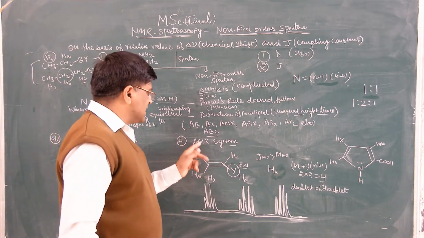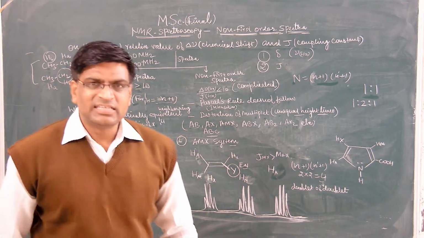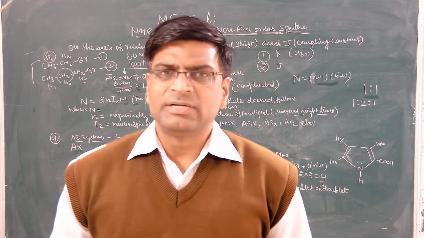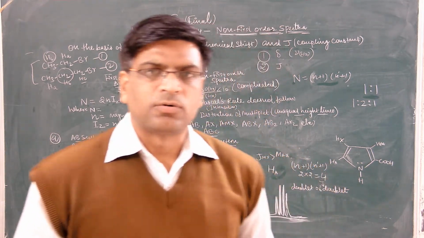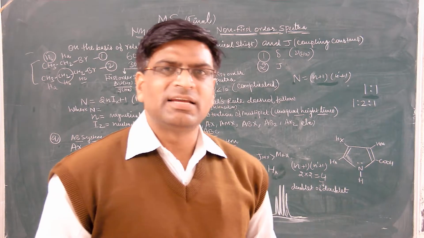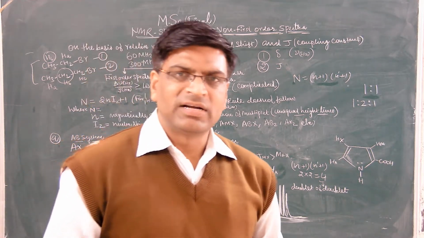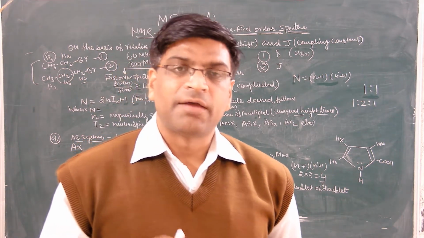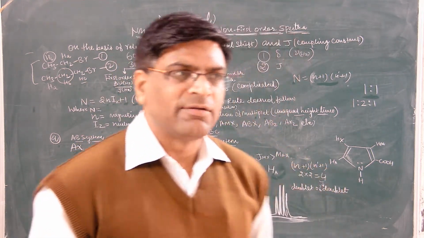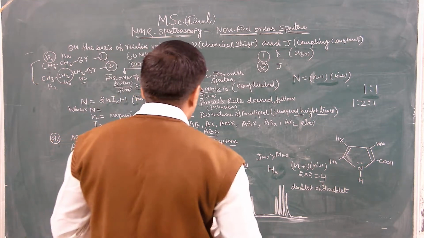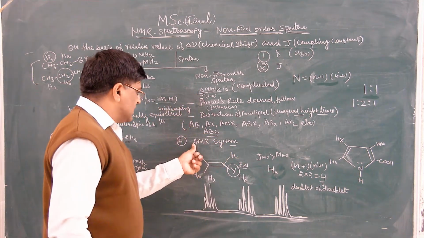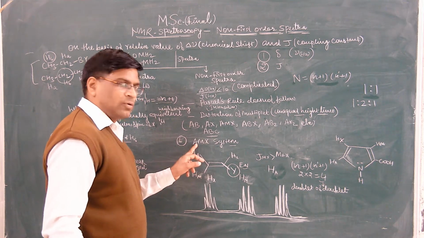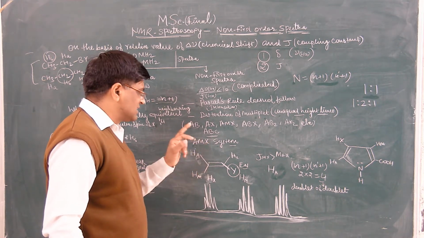Another system is the AMX system. In this system, one type of proton is in close proximity with two types of protons having different magnetic environments. Means one type of proton is surrounded by two different types of protons that are magnetically non-equivalent. Here, three types of protons are there: A type, M type, and X type.